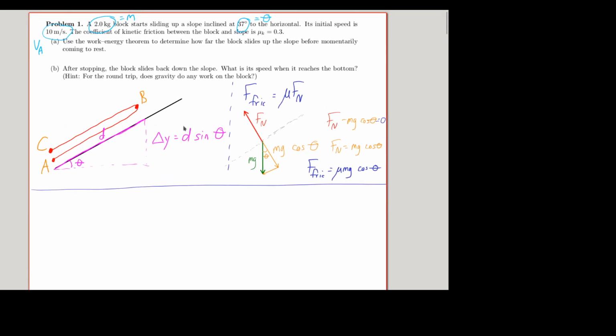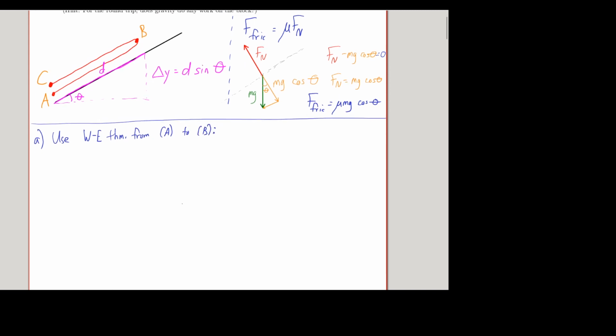Then, for part A, use the work energy theorem to determine how far the block slides up the slope before momentarily coming to rest. This is from picture A to picture B, point A to point B. So let's solve the problem now. A, use the work energy theorem from A to B. So the forces here doing work are gravity and the frictional force.